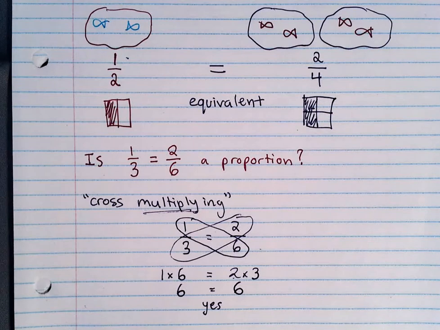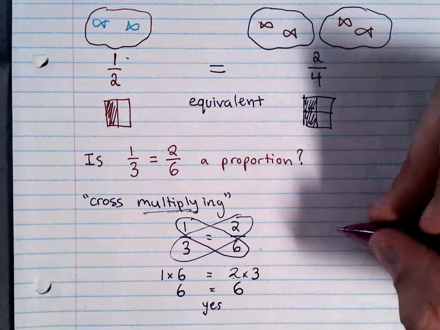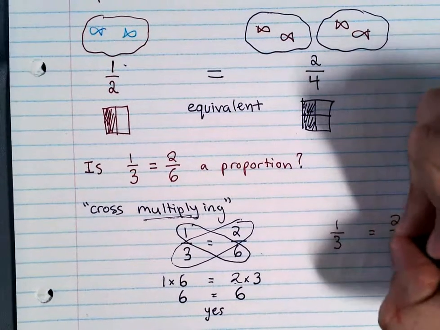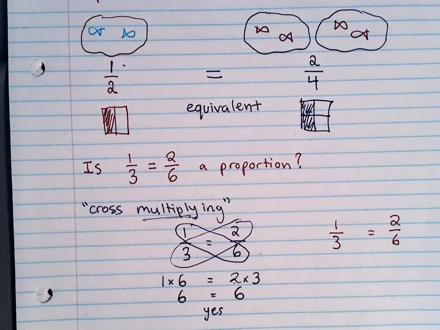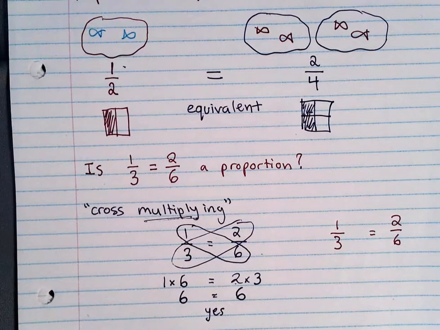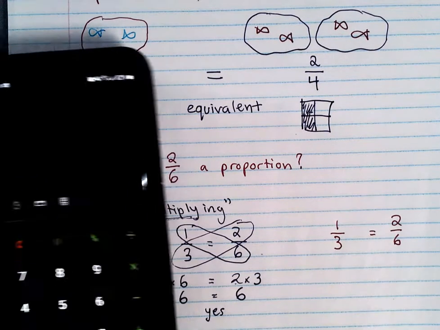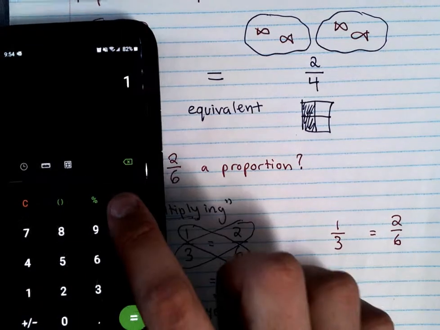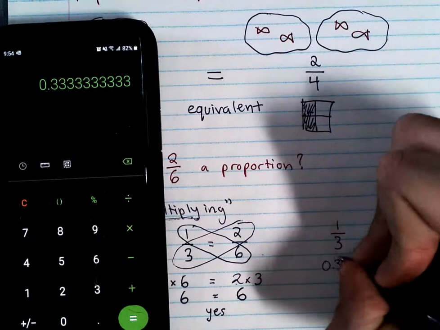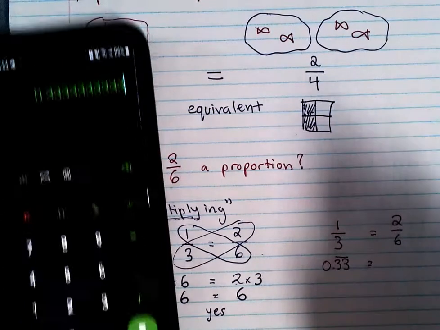Another way that we can do this, arguably a little bit faster, is to say we have 1/3 equal to 2/6, and in this situation we probably would want to use our calculator. I can't find mine, but I will use my phone calculator like I'm sure many of you do. 1 divided by 3 is equal to 0.33 repeating, and if it's repeating you can just put that line on top.